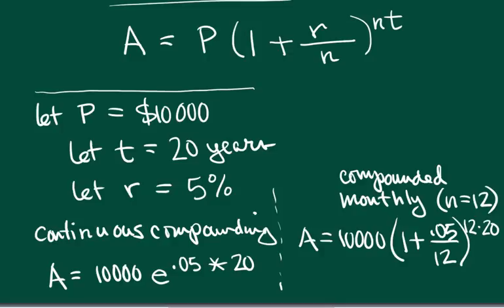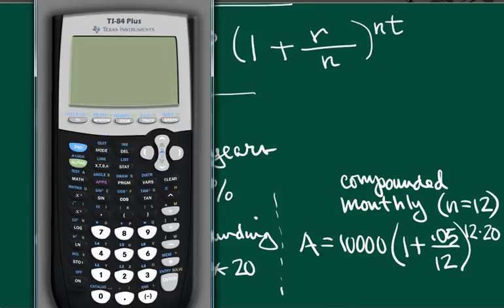Okay, back to the calculator. Okay, calculator on, clear everything. So we have 10,000 times. In the first case, it was e, which is, I need to shift up from this key for the natural log. E raised to the .05 times 20. Okay.